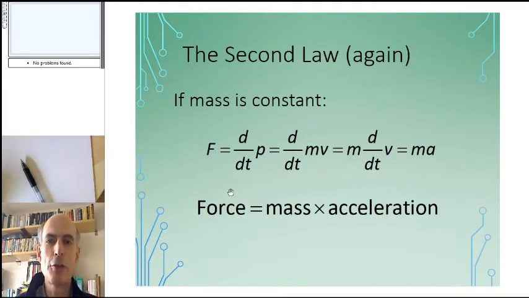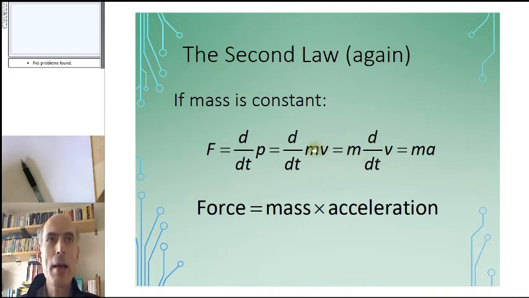In all of the cases that we're concerned about in this module, we can assume that the mass of the objects is constant. So the rate of change of momentum, which is the rate of change of the mass times the velocity, because that's all momentum is, could be written as just the mass times the rate of change of the velocity.